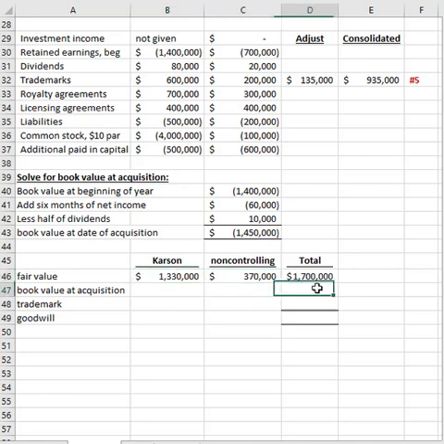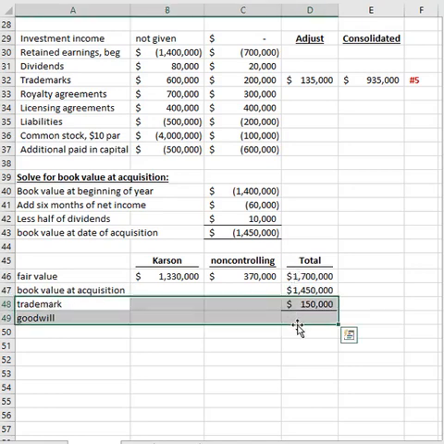Okay, book value at acquisition. We just calculated that. Guess we don't have to keep it in debits and credits. And then the trademark they said was undervalued by $150,000. All right. So, and we can put some differences in here. Maybe we should.